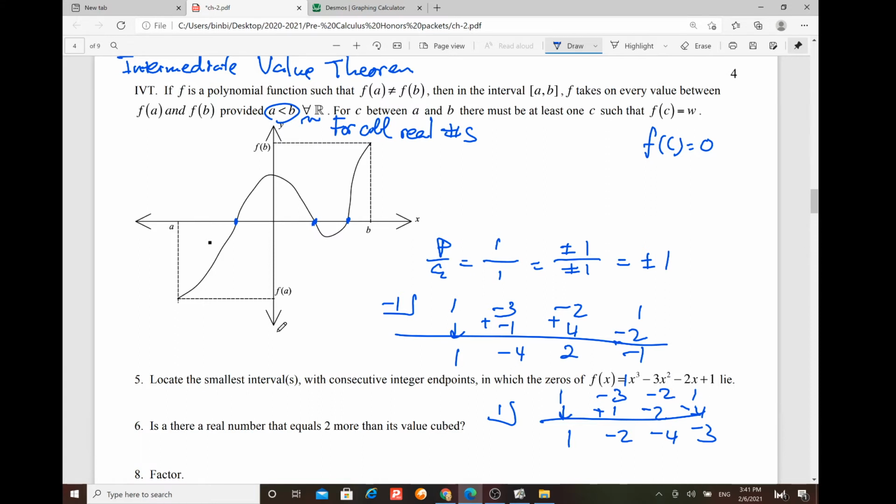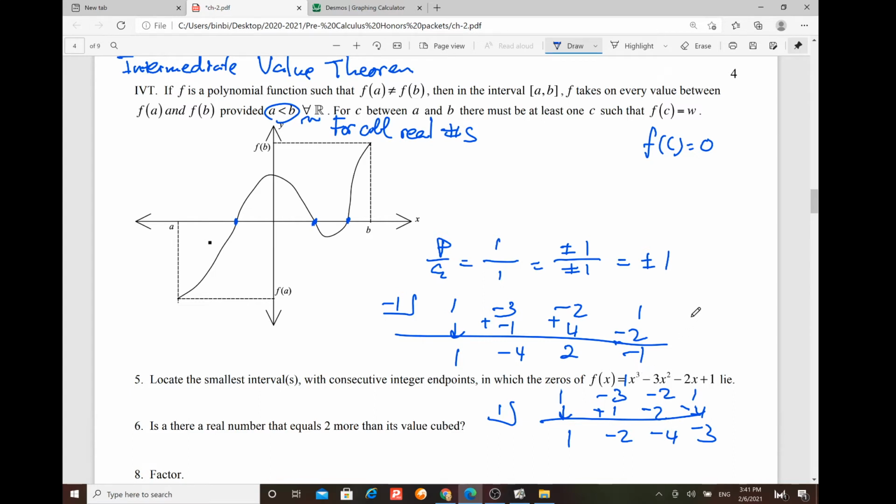So in order to say that this one is true, let's plug in a number to verify the consecutive integer endpoints. This one is continuous from negative infinity to infinity, because that's a polynomial. For the zeros, it's hard to tell, but we can put it into decimal form and find out exactly where it's in between.